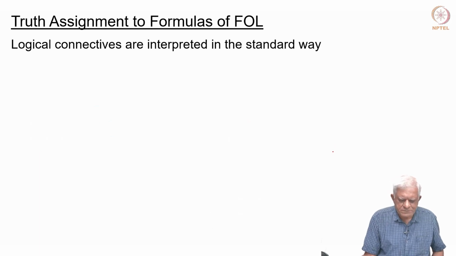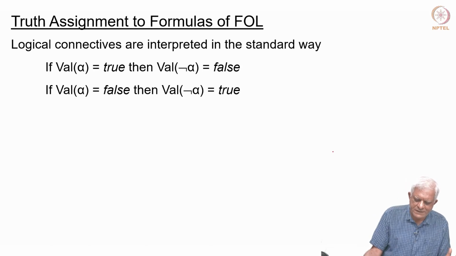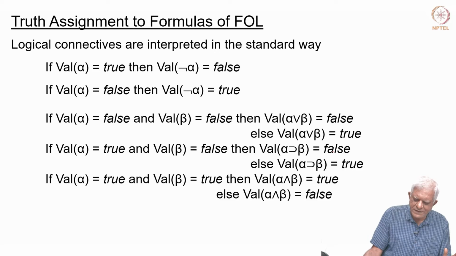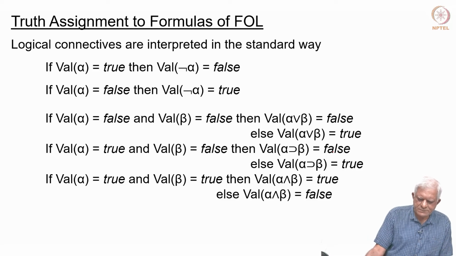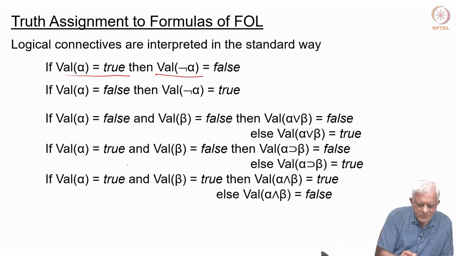So, for formulas with logical connectives, it is the same thing that we did in propositional logic. So, it is exactly the same. So, if a formula is true, then a negation of that formula is false, and so on and so forth. One more example, we can see that if alpha is true and beta is false, then alpha implies beta is false.